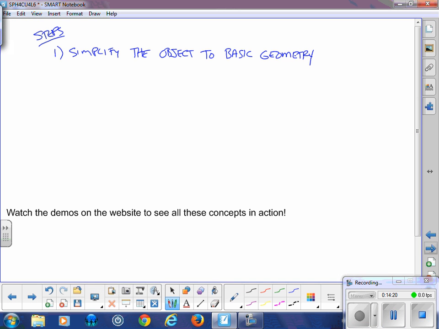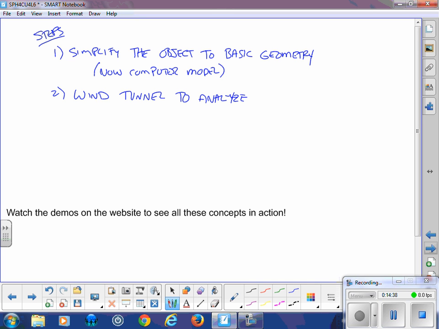But now we computer model. Once they do the modeling and they do the design, they put it in a wind tunnel to analyze turbulence.